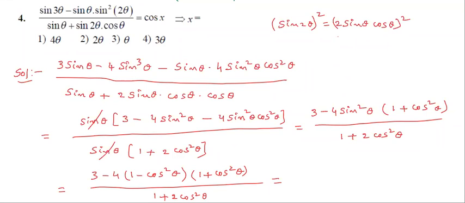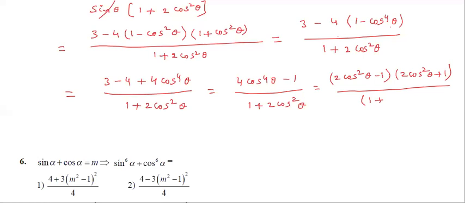Next, again numerator 3 minus 4 into 1 minus cos square theta into 1 plus cos square theta. How much will come? 1 minus cos power 4 theta. I think that is lengthy. Denominator, what is there? 1 plus 2 cos square theta. Just multiply with 4 and calculate this.